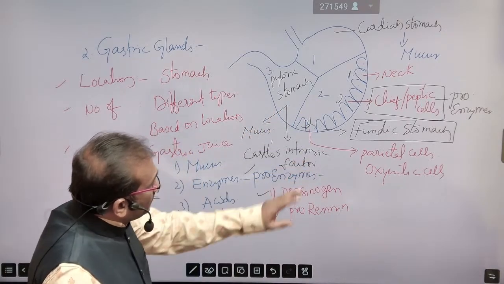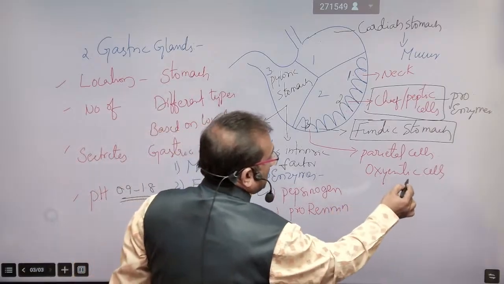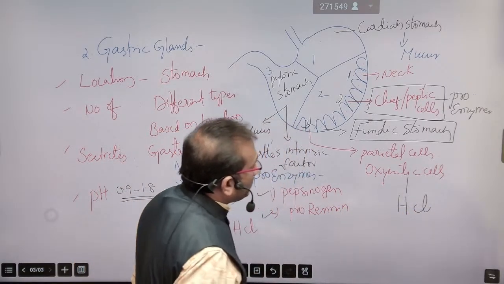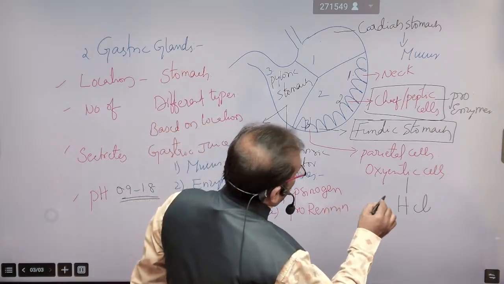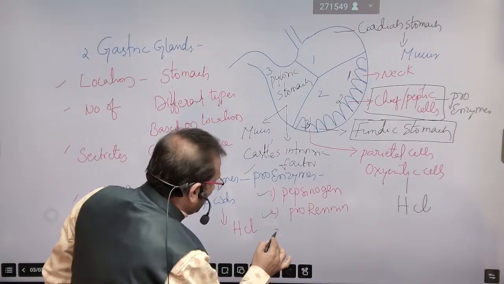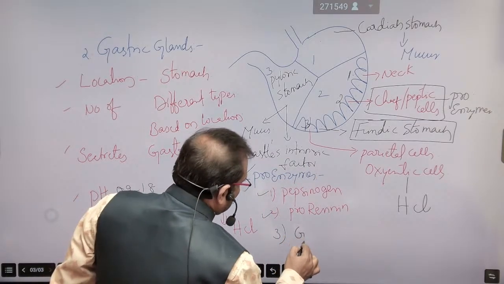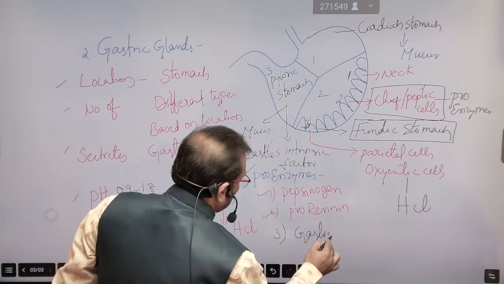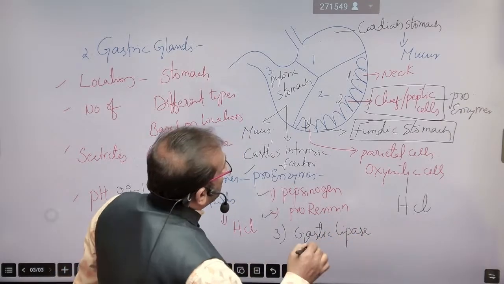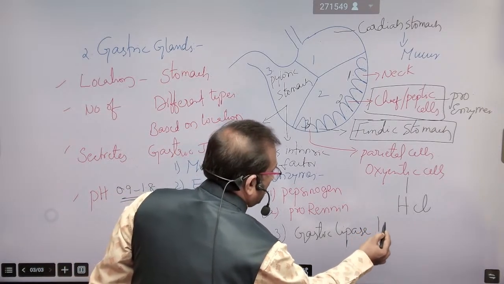And lastly, the oxyntic cells secrete HCl. Some of the chief cells also secrete gastric lipase, but in very small quantity.